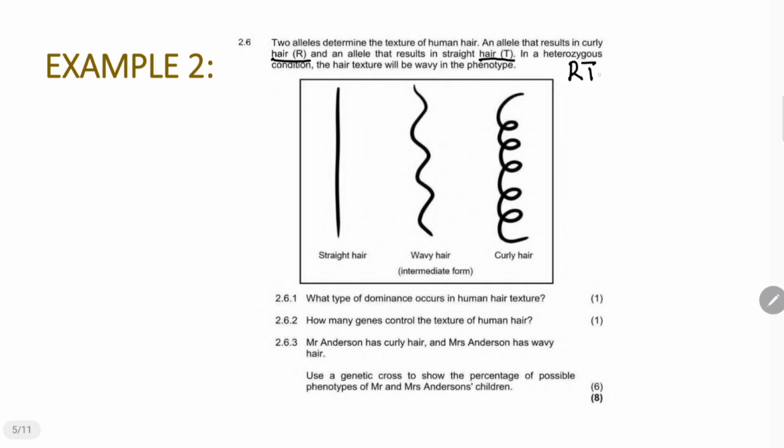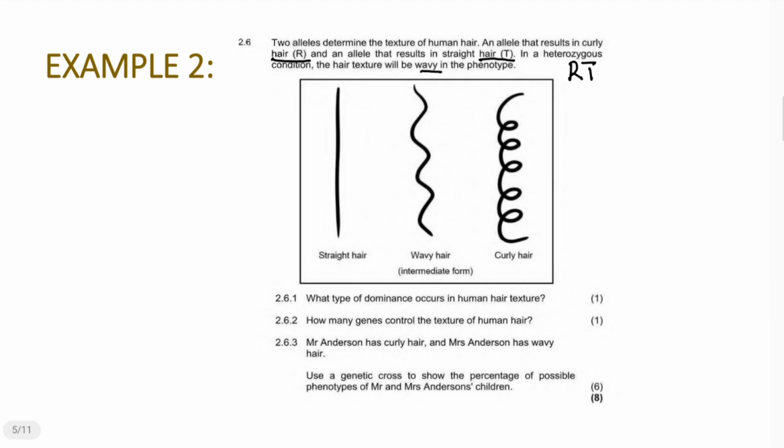But when these two alleles together make up the genotype, they produce a third and different phenotype, which is hair that is wavy. And we know that when two different phenotypes produce a third and an intermediate phenotype, that is an example of incomplete dominance. So the type of dominance here is incomplete, simply because you are going to produce a third and a different phenotype.